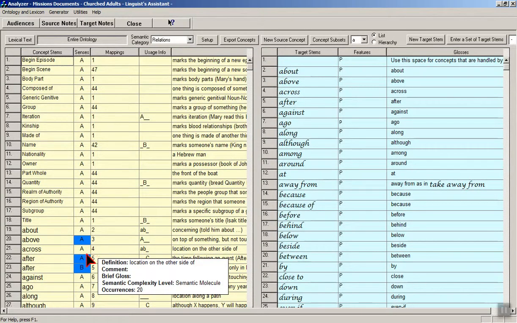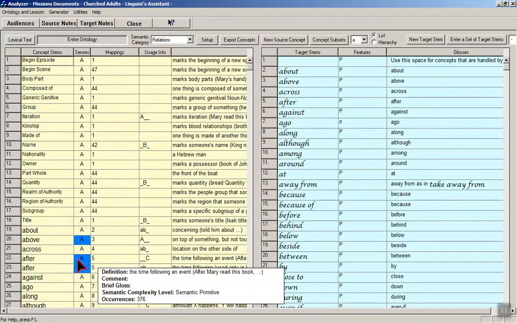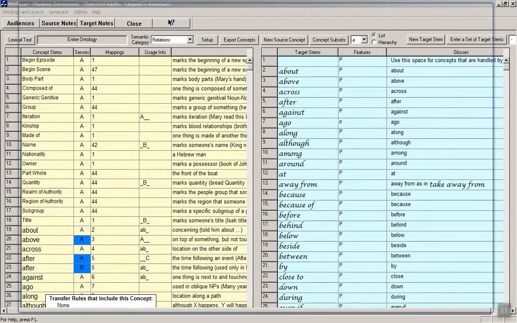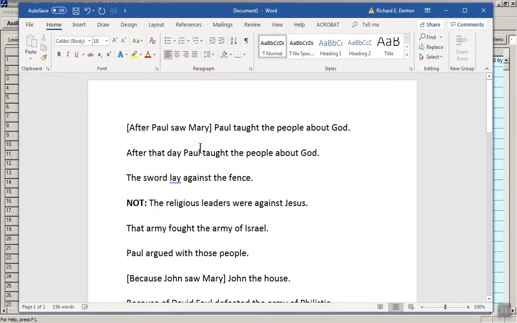Okay, the first A, as in alpha, sense for after, if you put the mouse over that, the white box comes up and it says the time following an event, after Mary read this book. So I'm going to switch to Word here to show you some examples. So that example is like this: left bracket, after Paul saw Mary, right bracket, Paul taught the people about God.